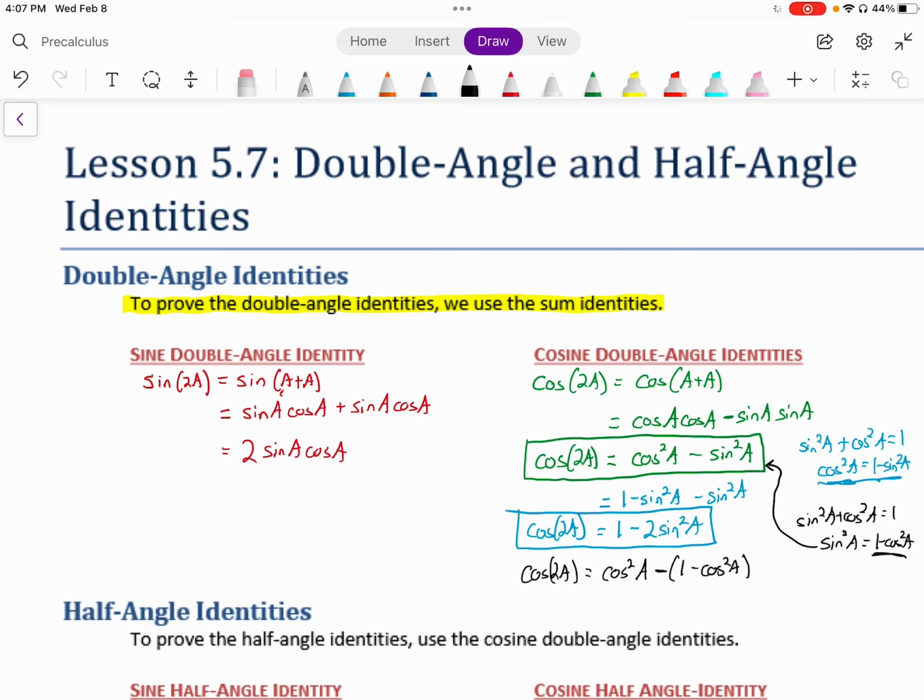And we can simplify that. This negative would get distributed, which makes that cosine squared positive. So we have 2 cosine squared a minus 1. And that is the third variation of the double angle identity for cosine.